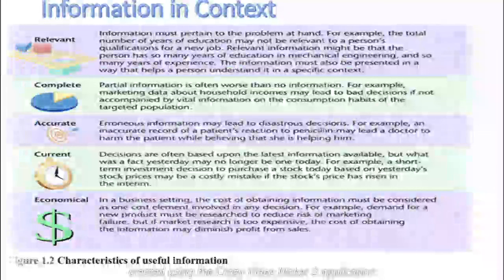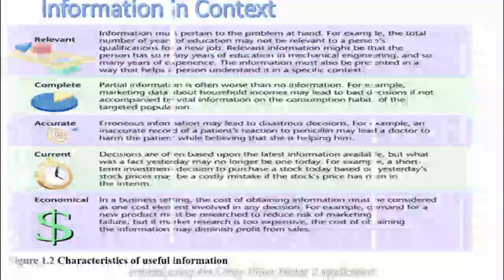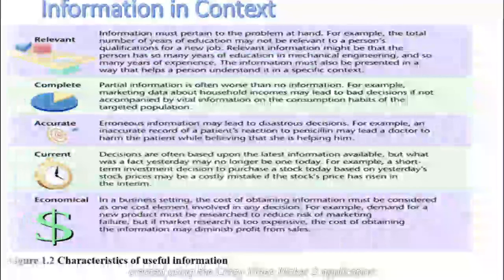It must be current. That's, you are using the current time, current situation. At the time you have a problem you want to solve, you collect your data at that current time. But when you use information that has passed, it may not solve what you are looking for. It must be economical. The information is supposed to be economical.